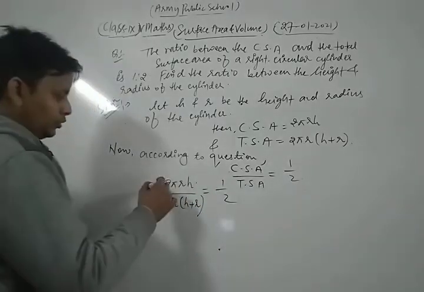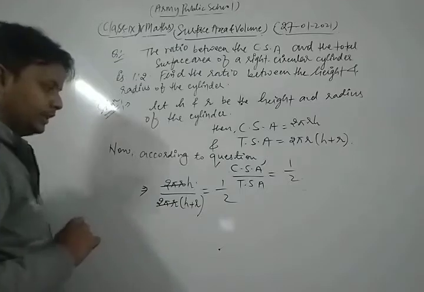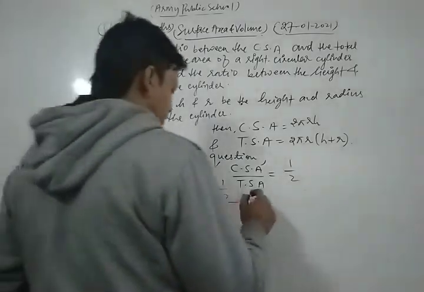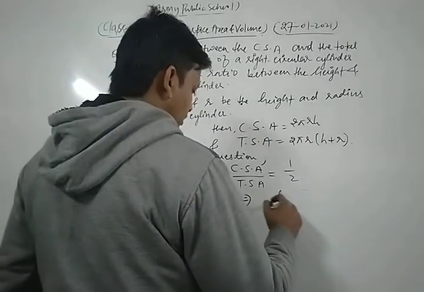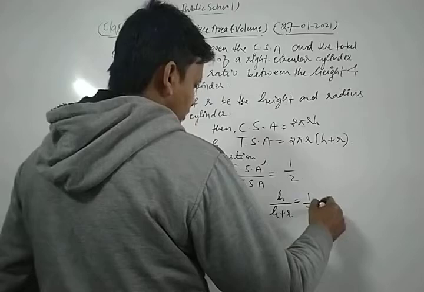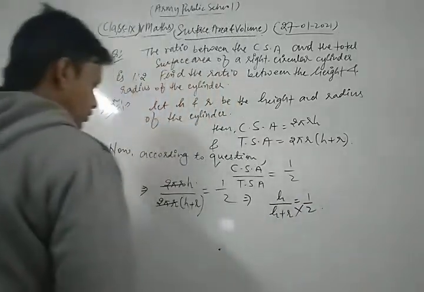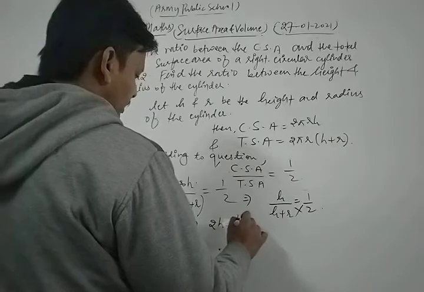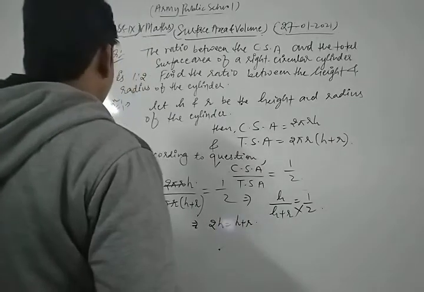Now 2 pi r cancels on both sides. We get h upon (h plus r) is equal to 1 by 2. Now we do cross multiplication, so we get 2h is equal to h plus r.